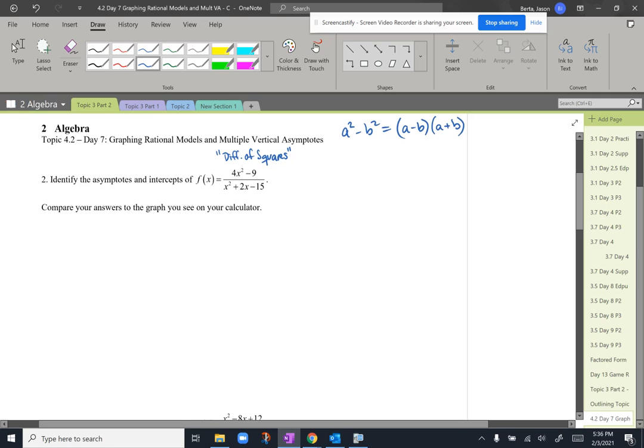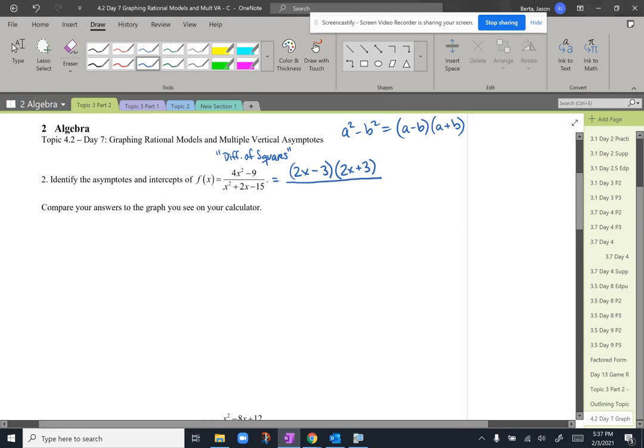The square root of 4x squared is 2x, and the square root of 9 is 3. So we've got 2x minus 3 and 2x plus 3.